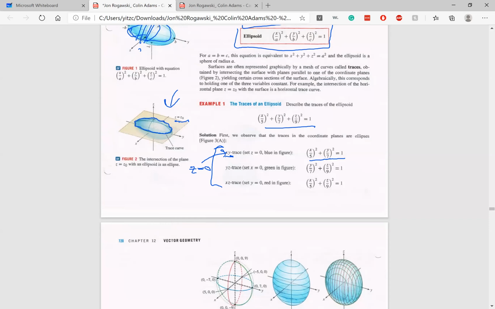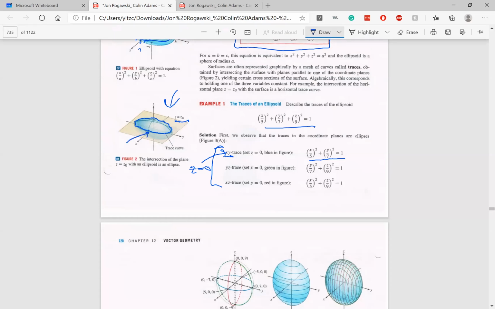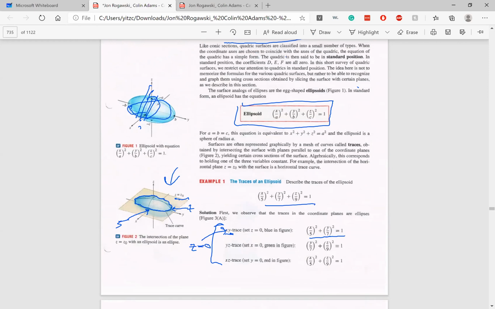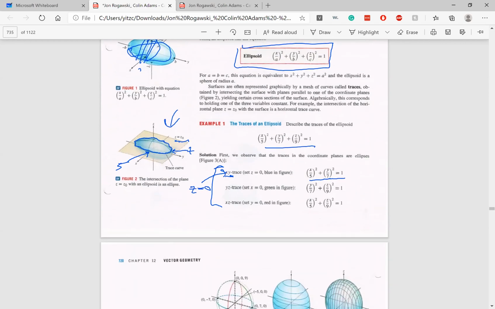In the x direction, we have 5, and in the y direction, we have 7. So the b is our 7, and the a is the 5.